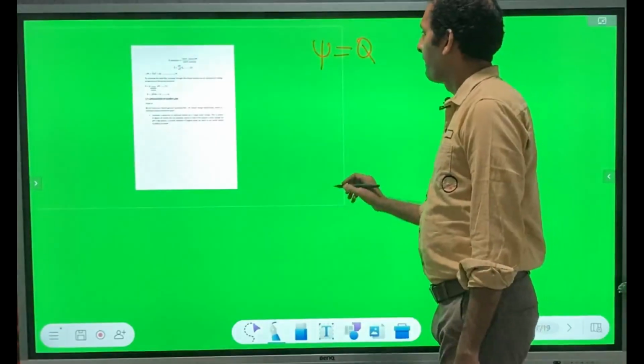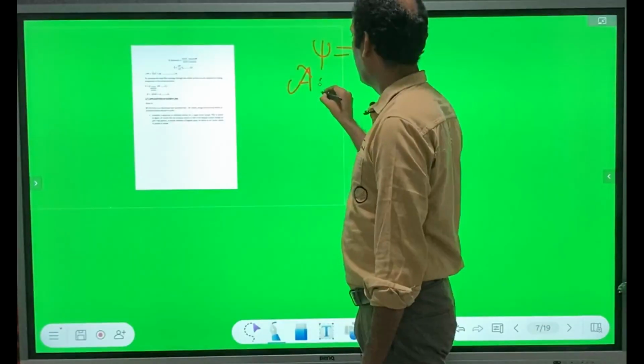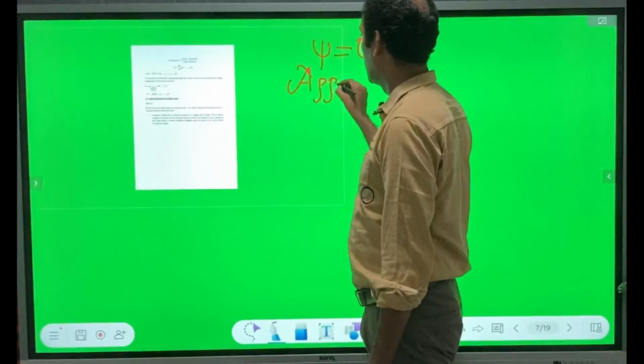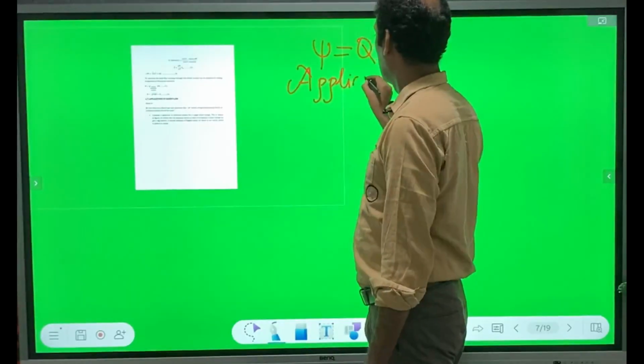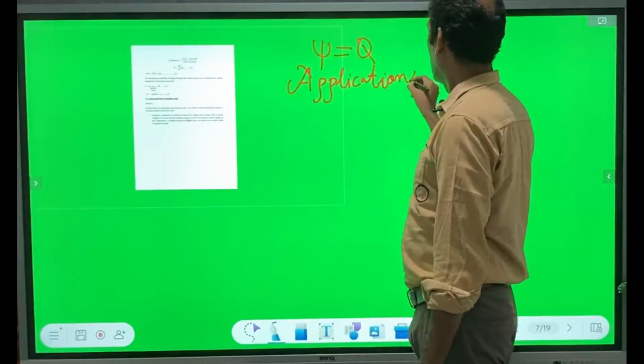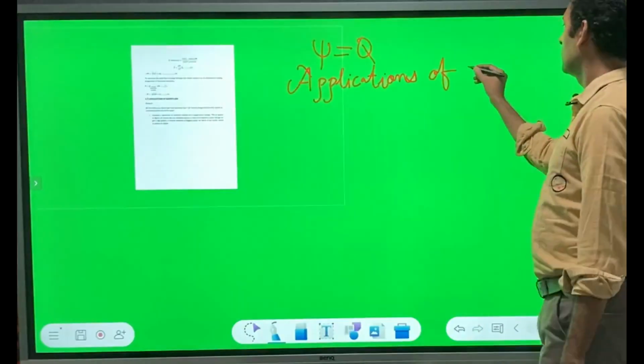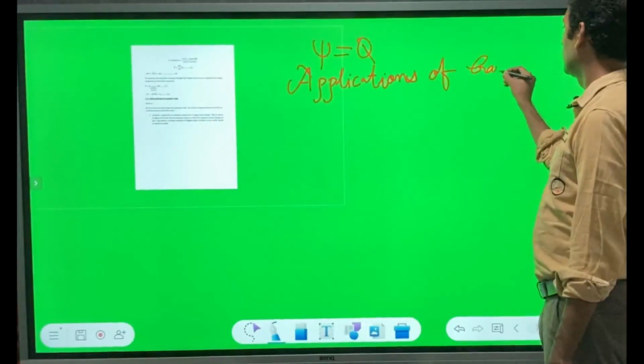So here now we will discuss the applications of Gauss's law.